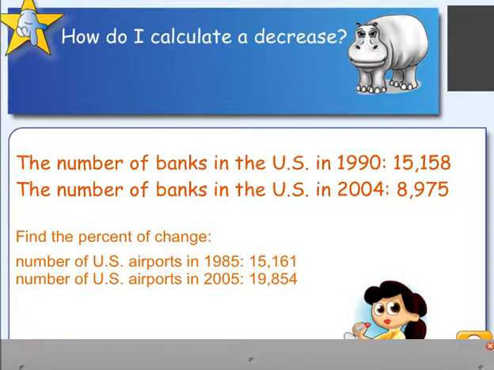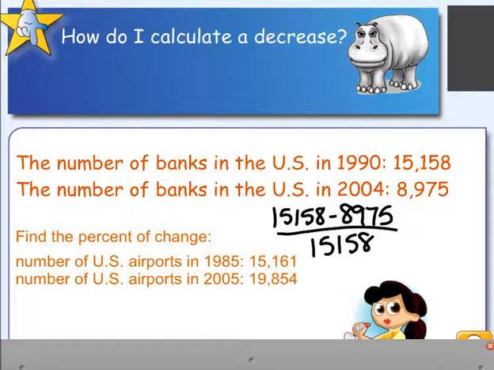All right, let's look at this next one. And we are going to use our formula and say, I'm going to find the change of 15,158 minus 8,975 to show the change between 1990 and 2004 with the number of banks, and divide it by our original of 15,158.